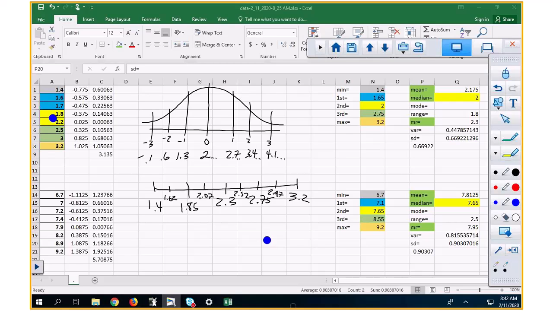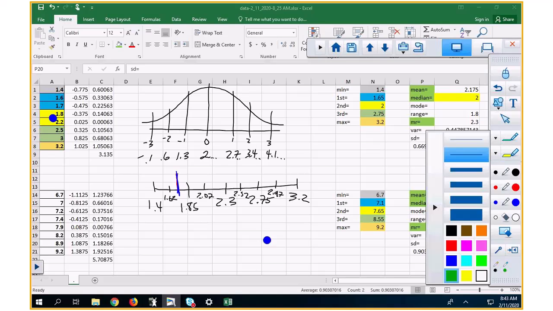Now I can draw my box plot. $1.65 in blue. $1.65, there's $1.62, so I hit the blue button, I thought I did. And then my green button is 275.